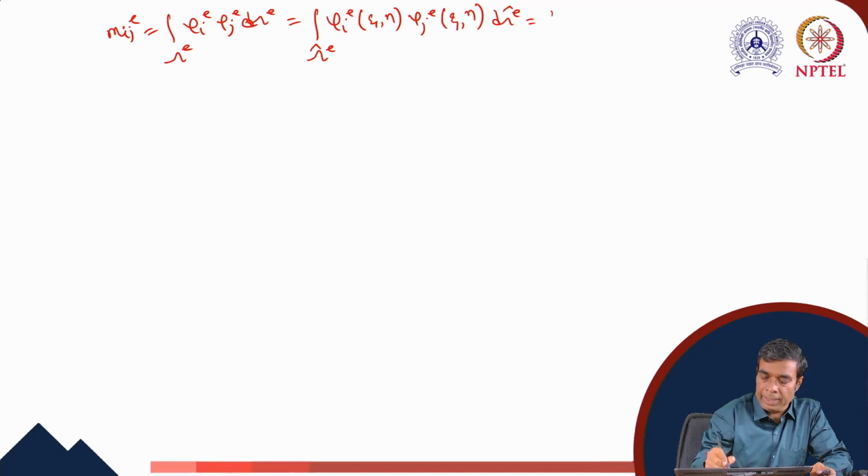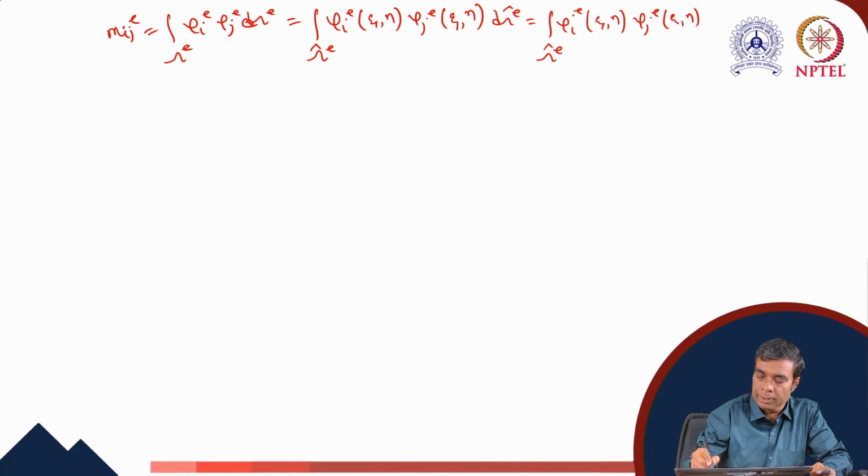This we can simplify as integration over omega e cap of psi i xi eta, psi j xi eta, into determinant of Je, into d xi d eta.